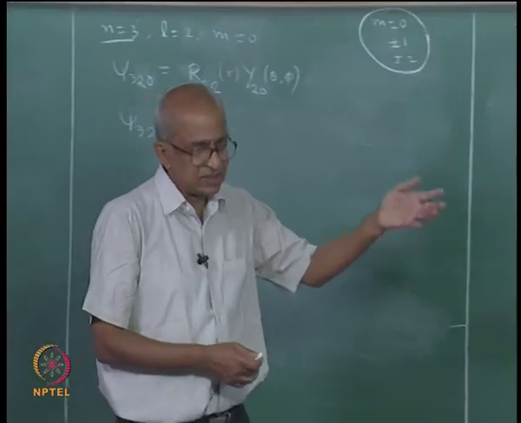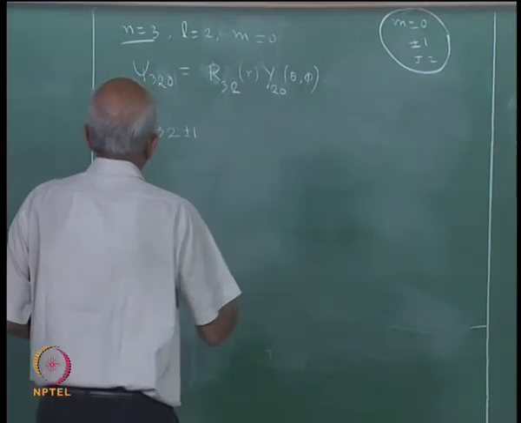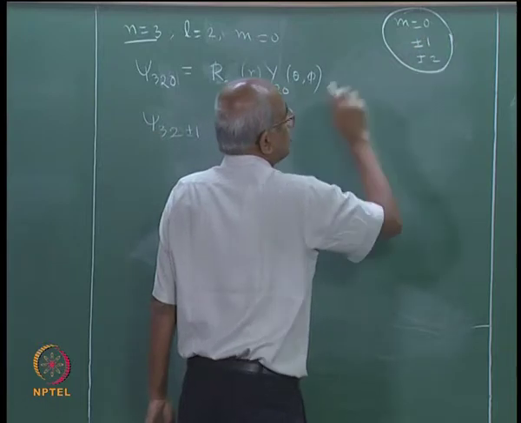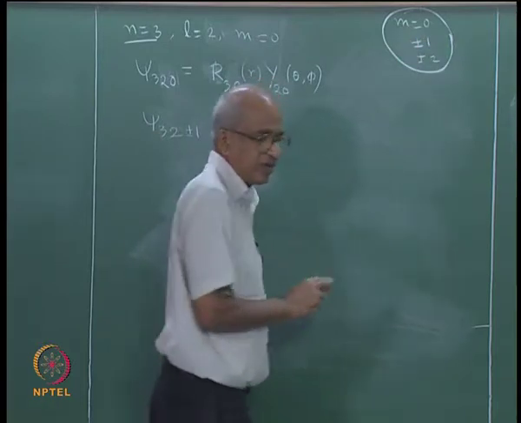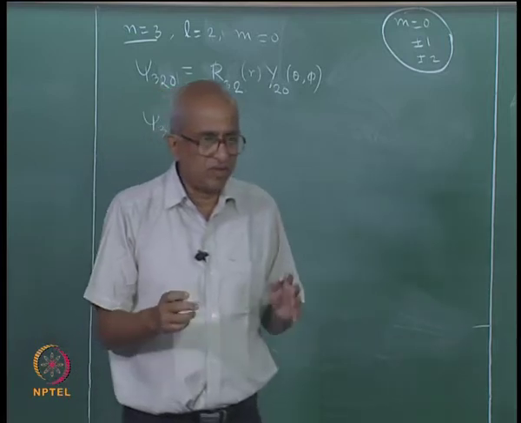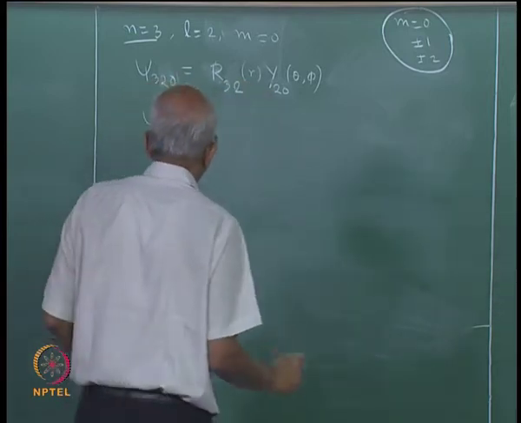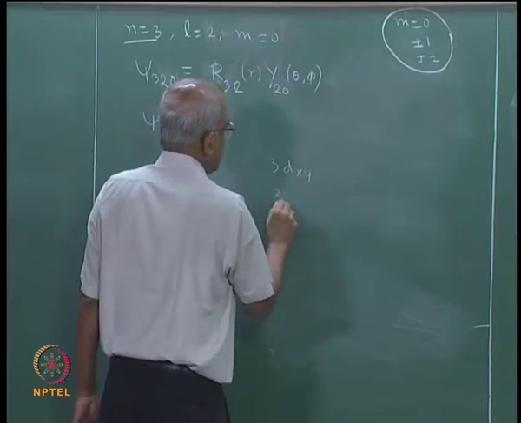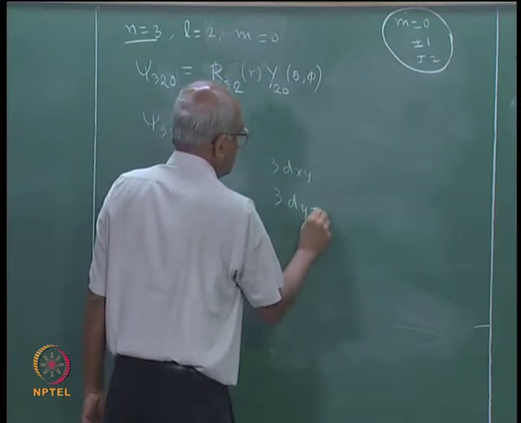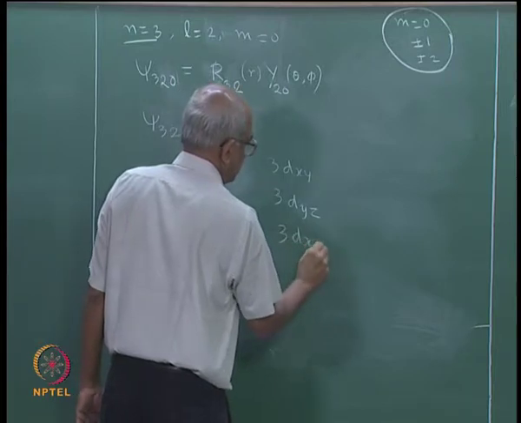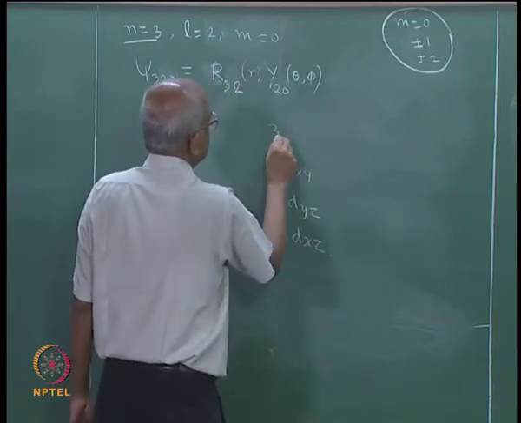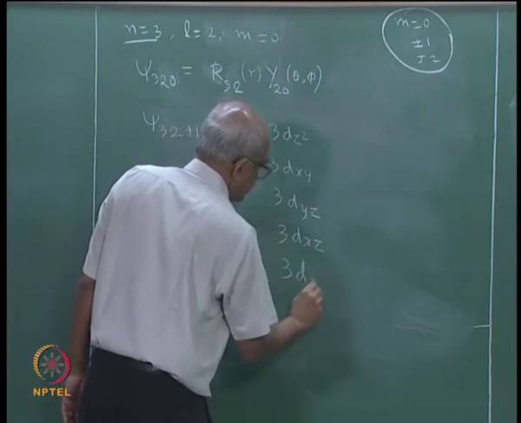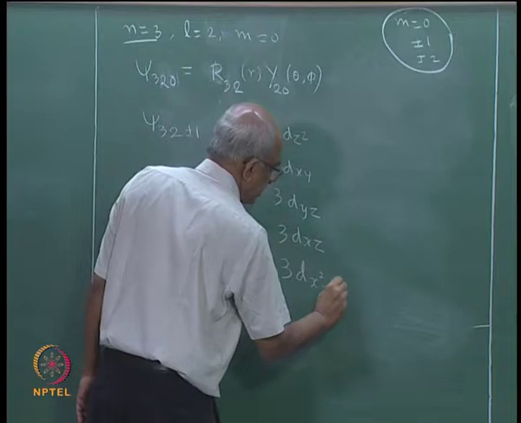And the results are actually 5 orbitals in total, because you have m equal to 0, plus or minus 1, plus or minus 2, you have 5 orbitals in total, and those 5 orbitals actually the convention is to label them as 3D xy, 3D yz, 3D xz, then 3D z square I have described, and there is another orbital which is denoted as 3D x square minus y square.